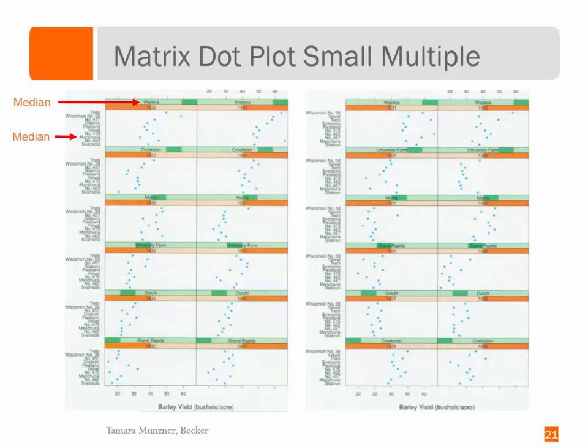As we proceed down, maybe let's look at Morris. You see that one's a little bit less to the right. It's sort of in the center. Then we go to University Farms. Most of its plotted points are to the left. Duluth, also to the left, and Grand Rapids clearly to the left, meaning that Grand Rapids would have the lowest yield.